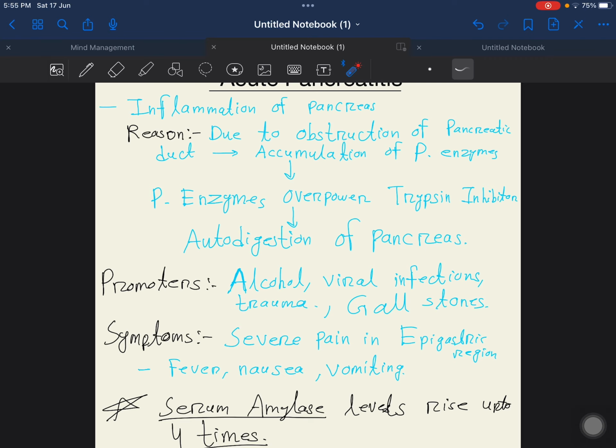And this is an important question in physiology viva also, in physiology exams also, that what is the role of trypsin inhibitor. Now trypsin inhibitor is secreted along with the pancreatic enzymes, and its function is to prevent the autodigestion of the pancreas.